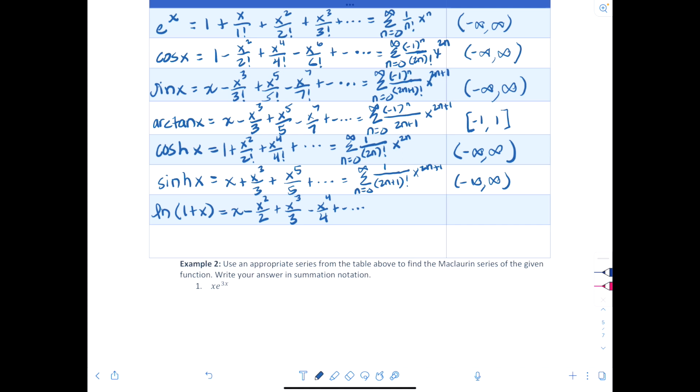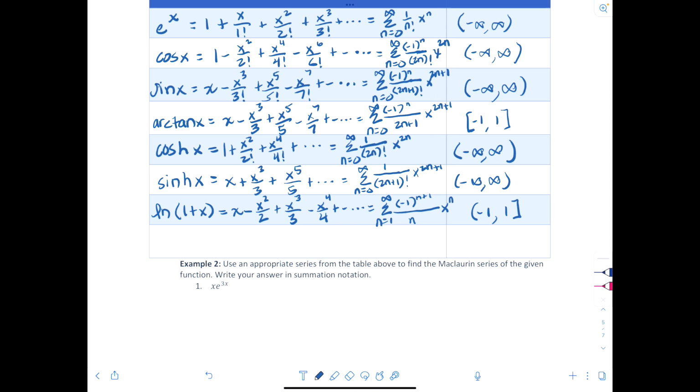And so we'll have the summation as n goes from 1 to infinity of negative 1 to the n plus 1 over n times x to the n. This one goes from negative 1 non-inclusive to 1 inclusive.